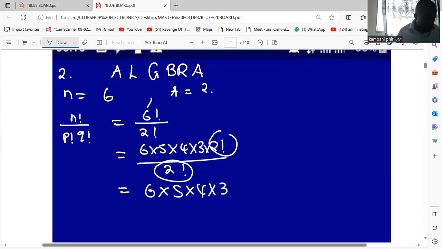You get 360. 360 ways. Okay, that is how you deal with permutations with repeating objects or repeating letters.